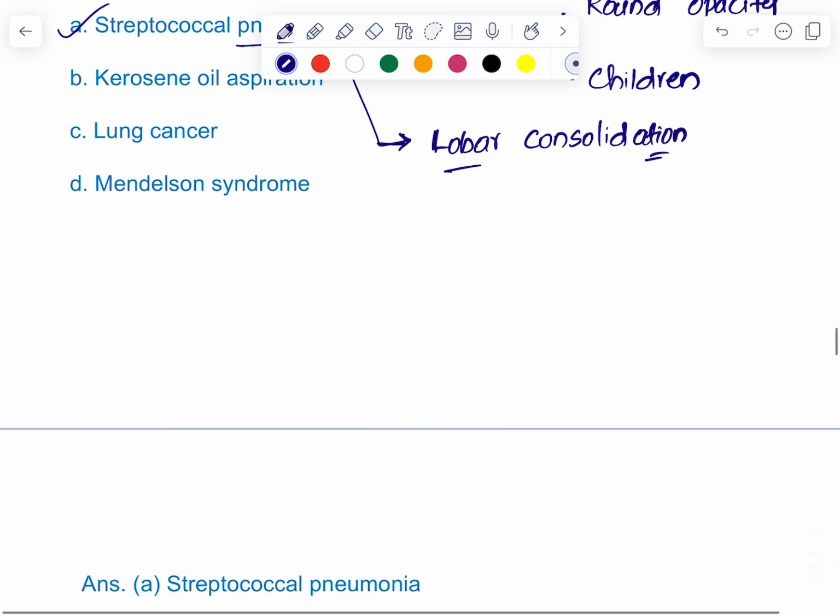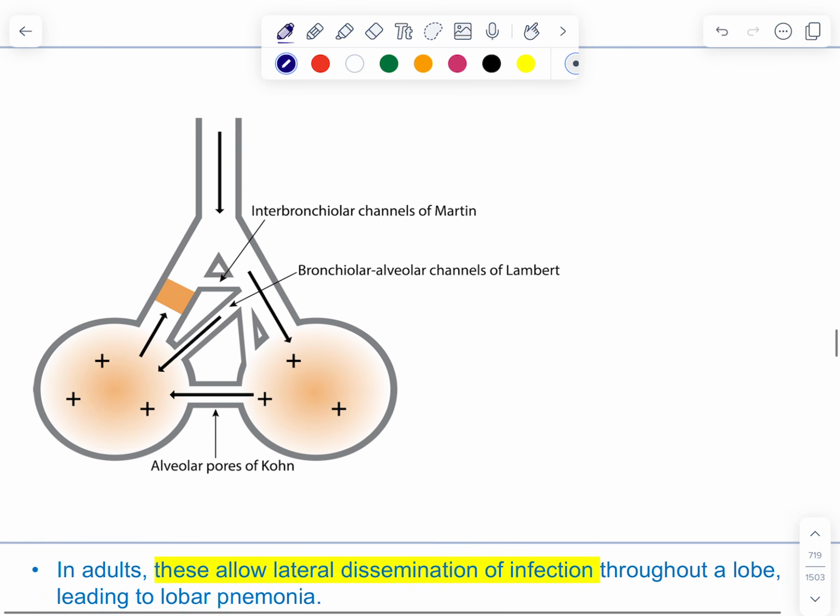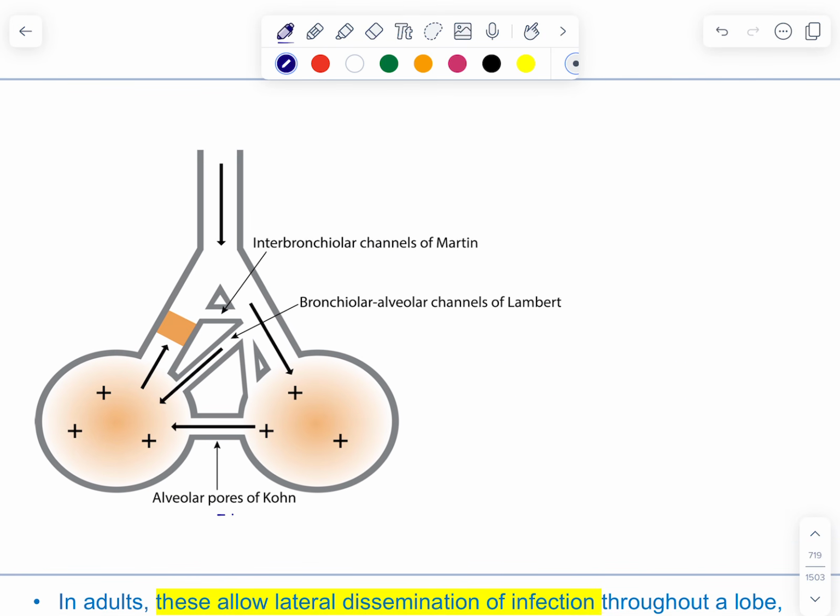You have what are called the pores of Kohn. These are the communications between the alveoli, and we have the channels of Lambert, which communicate between the bronchi and the alveoli. These are the bronchoalveolar communications.